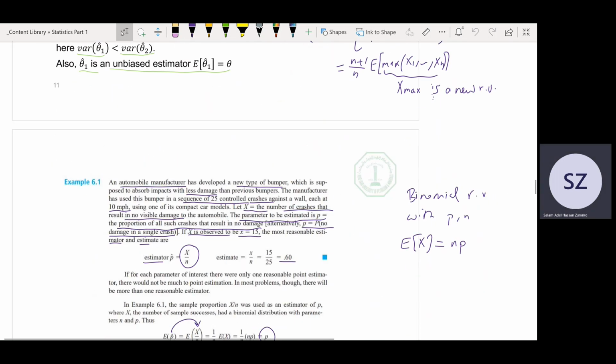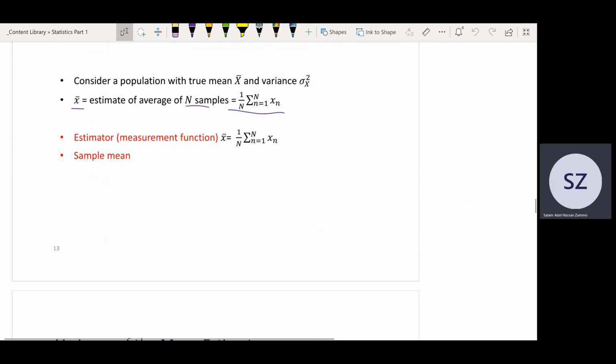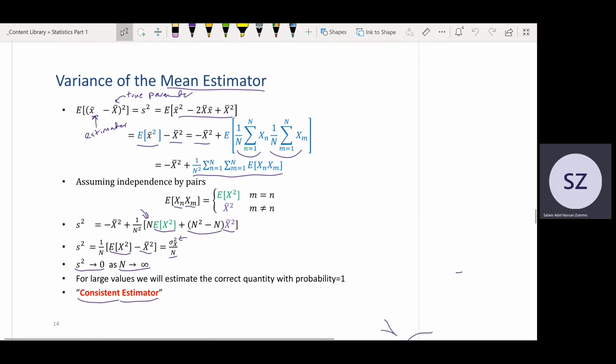And the last property that we studied last time is that, if we look at this variance and compare it with the number of samples, as the number of samples increases, we hope that the variance of the estimator becomes smaller.